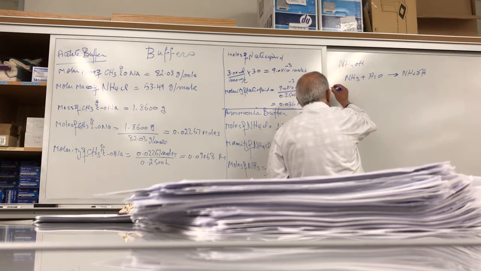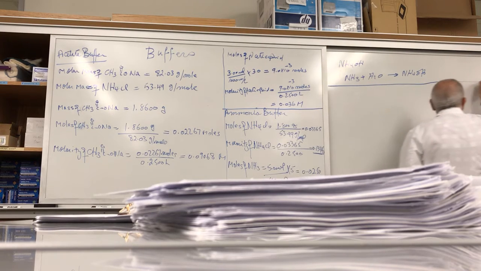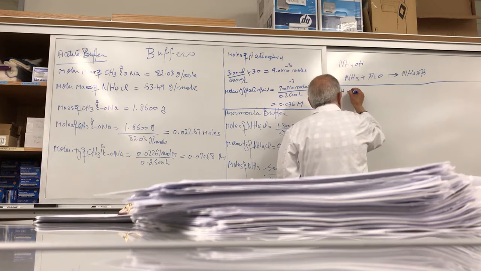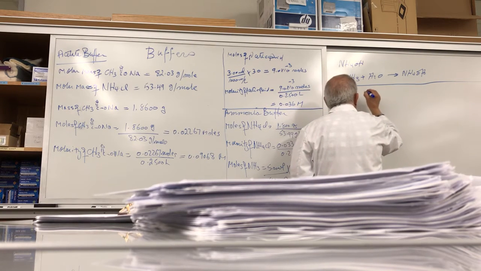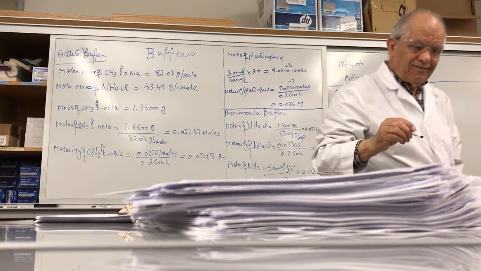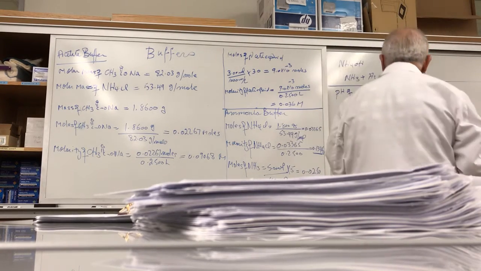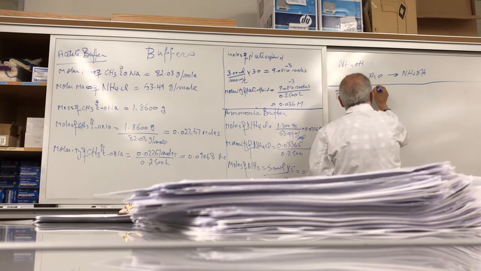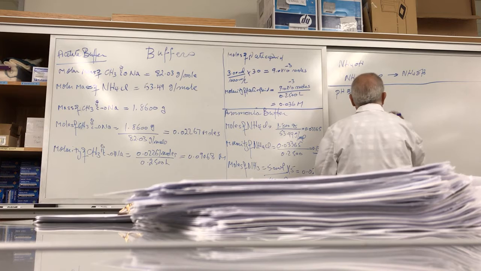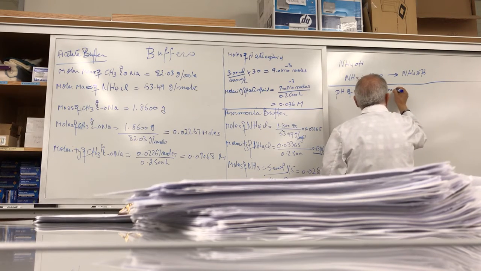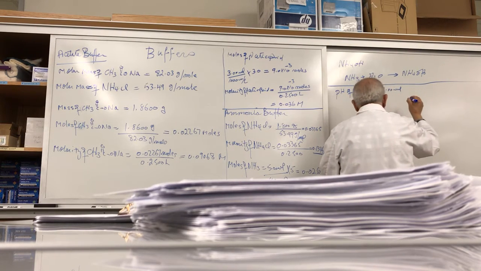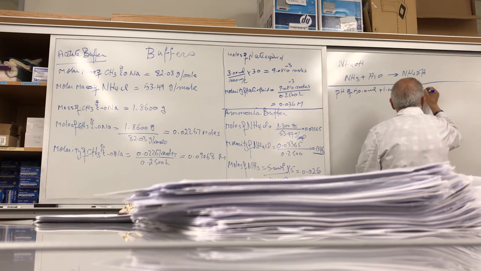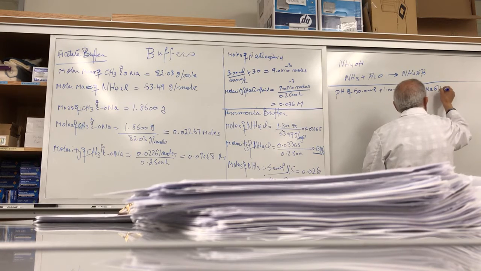Now we're going to apply what we learned. Okay, we need to find the pH of, I have to take this number, 50.0 milliliter of water plus 1.00 milliliter of 0.6 molar NaOH.